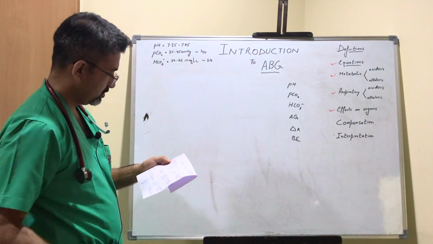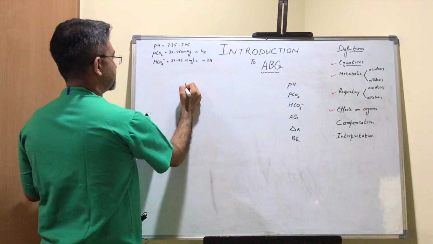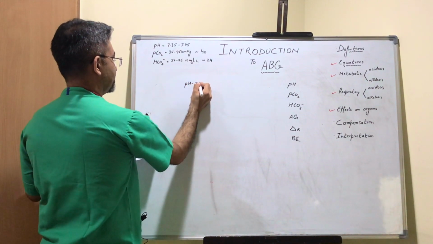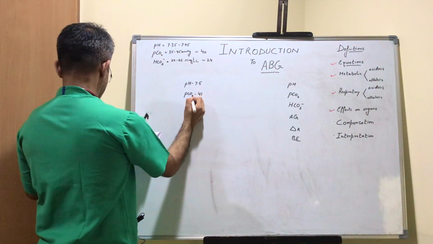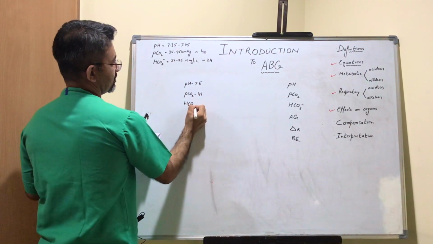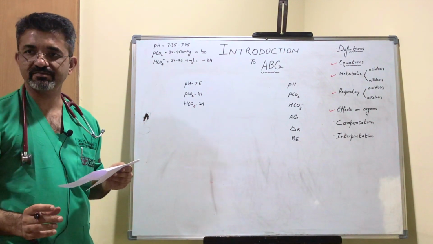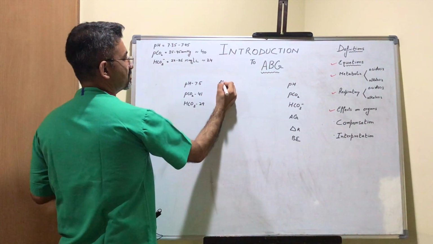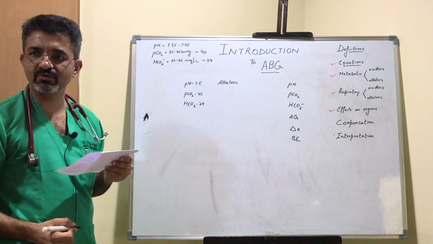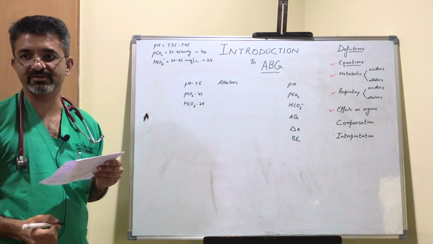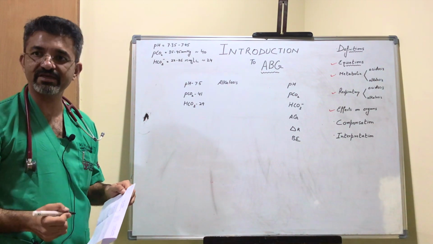Third, suppose you have pH of 7.5, PCO2 is 41, HCO3 is 29. pH is 7.5, definite alkalosis, no doubt, alkalosis. But I see my CO2 now, it's not moving. So no respiratory component contributing to alkalosis. HCO3 slightly high, so metabolic problem.